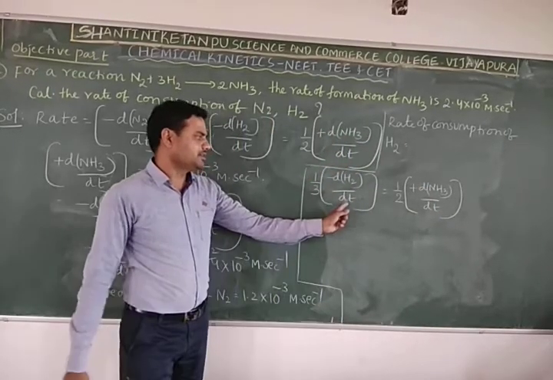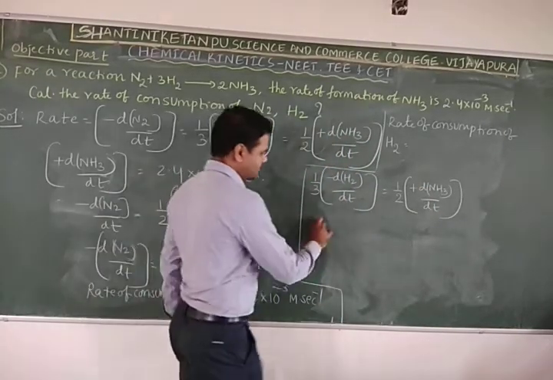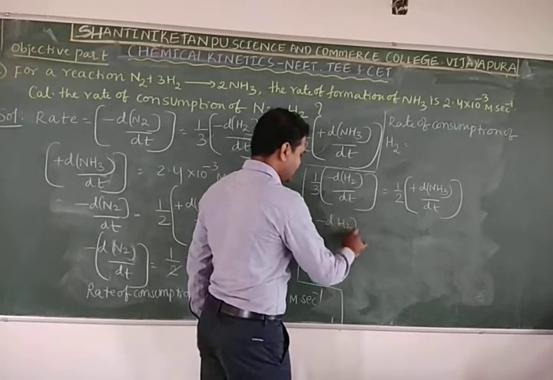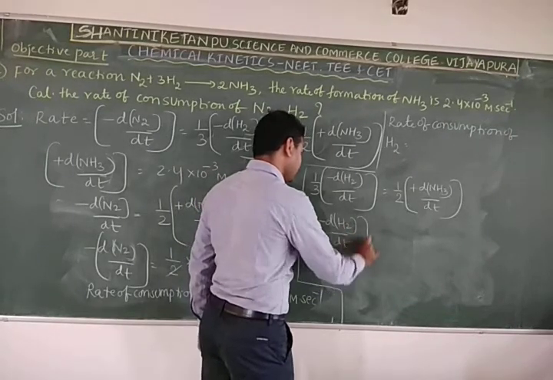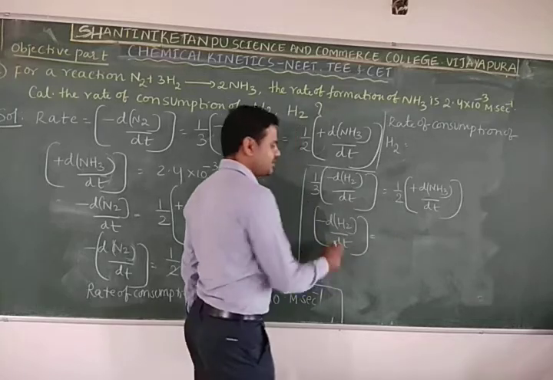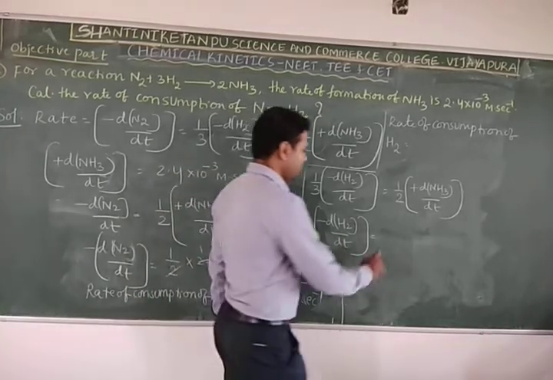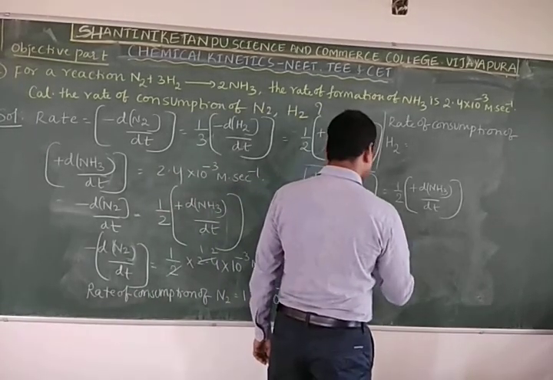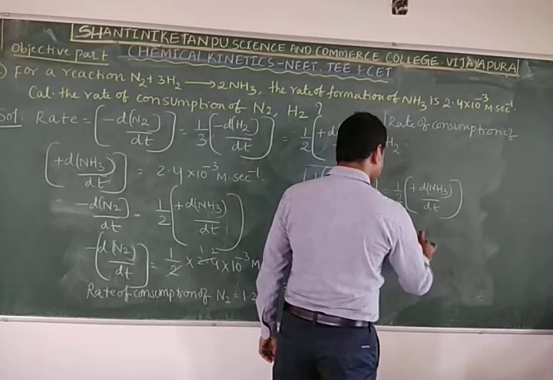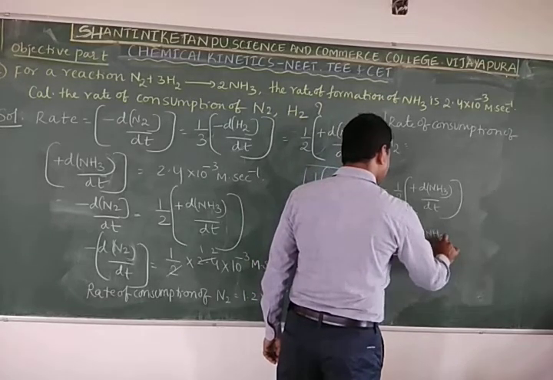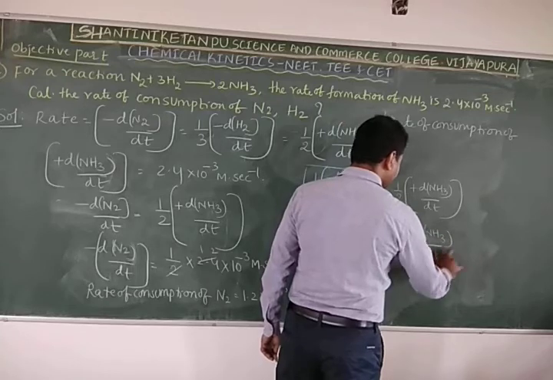And to calculate minus dH2 by dt, because this is the rate of consumption of hydrogen, the formula becomes 3 by 2 plus dNH3 by dt.